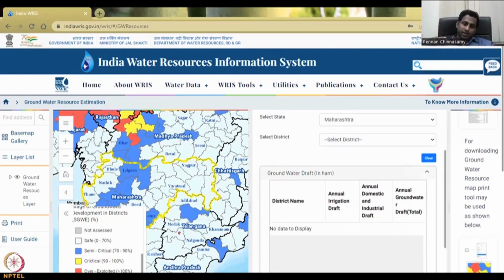Semi-critical is 70 to 90% because eventually the 70-90% can become 90% or 100%. So if I have 100 rupees for you and you only use 70 to 90 and save the rest, then it is semi-critical. Safe is using 70%. All these numbers are based on a lot of statistics and research, and they have come up as indicators.